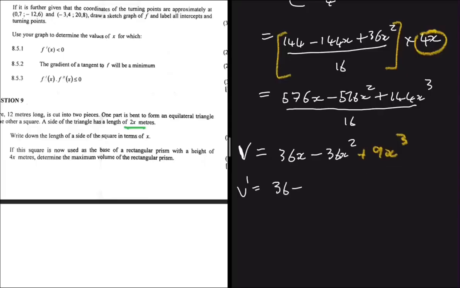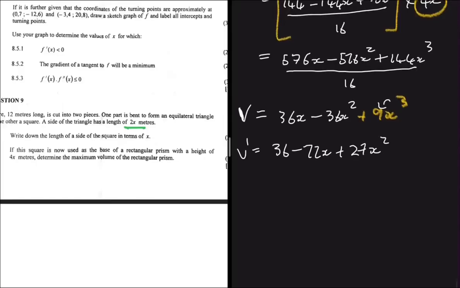And then if we differentiate 36x squared, we're going to get 72x. And then differentiating 9x to the power 3, we're going to get 27x squared. Right, so now we can equate that to 0.